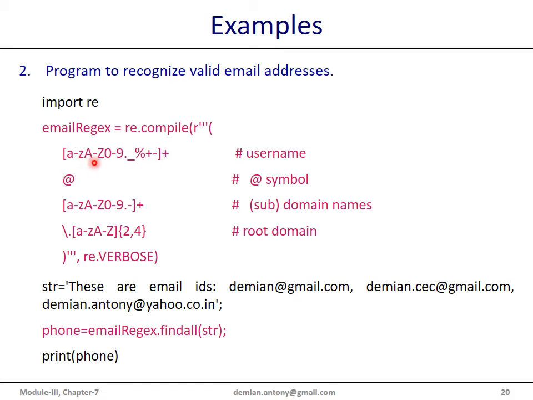I have A to Z, capital A to Z, 0 to 9, even dot in between, then underscore, even percent sign, plus, minus, etc. Then we have a mandatory @ symbol, then followed by again the domain name with dot.